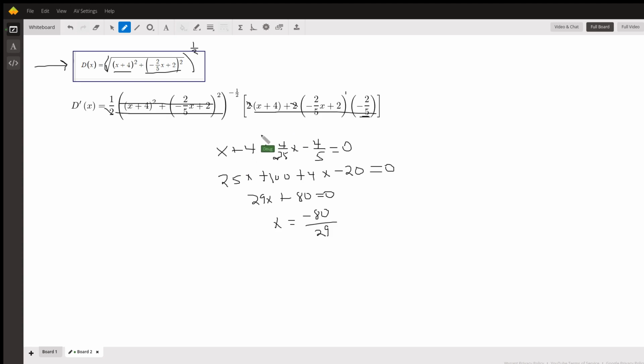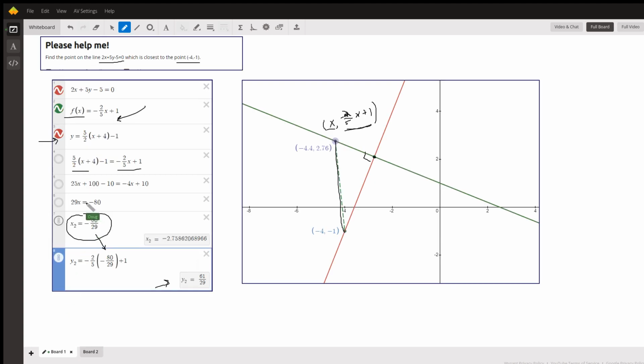And so that's what I've done here. x plus 4 plus distributing this -2/5 plus 4/25 x minus 4/5. When does that equal 0? Multiply through by 25. This looks eerily familiar. Exactly what we got on board 1 when we weren't using calculus.